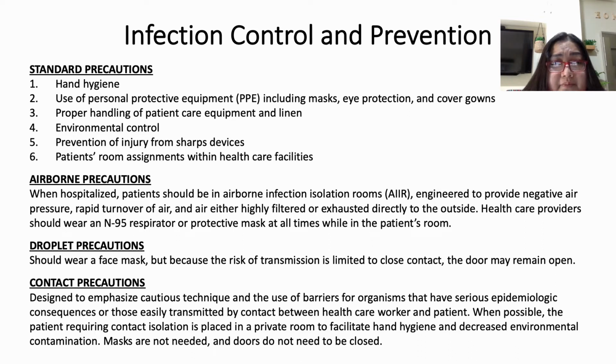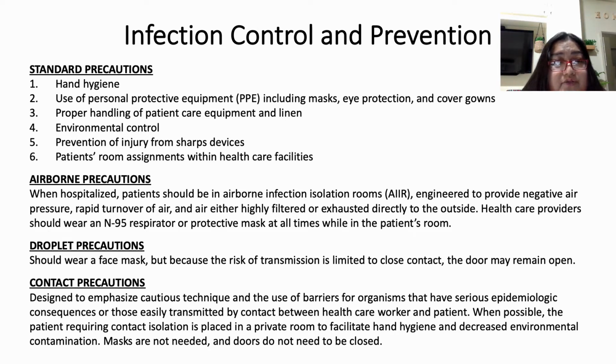So sa airborne precautions, when hospitalized, patients should be in an airborne infection isolation room. They are engineered to provide a negative air pressure, rapid turnover of air, and air either highly filtered or exhausted directly to the outside.